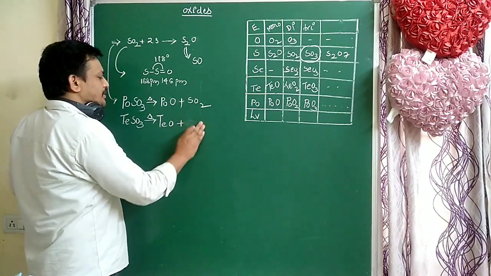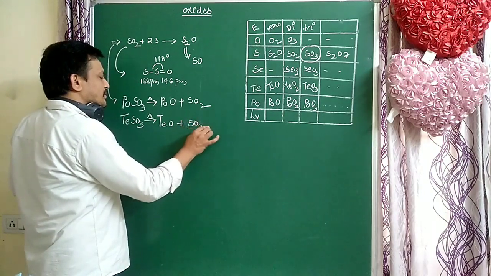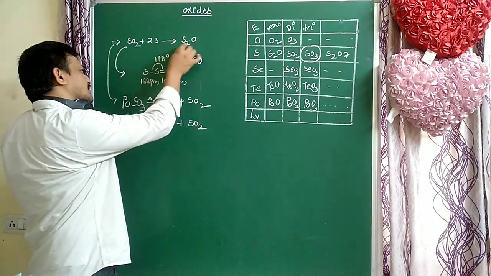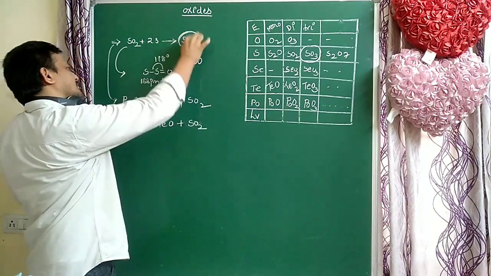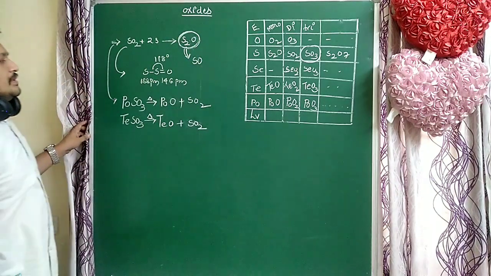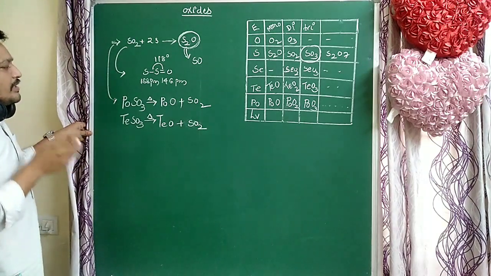When compared to all these monoxides, sulfur monoxide is very unstable. These oxides are formed in the ground state.